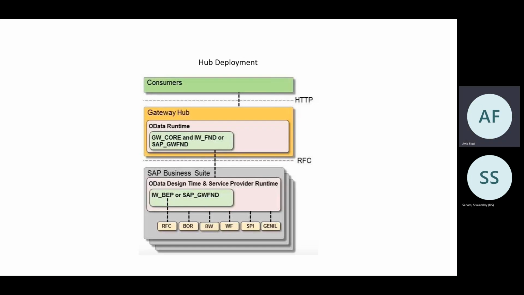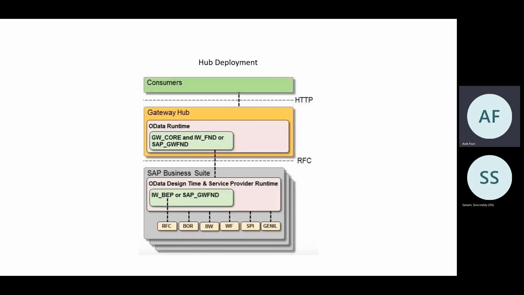So in the gateway hub you will host your services, and in your backend system you will implement your OData services. You will write the business logic for your OData services. So this is your hub-based deployment.